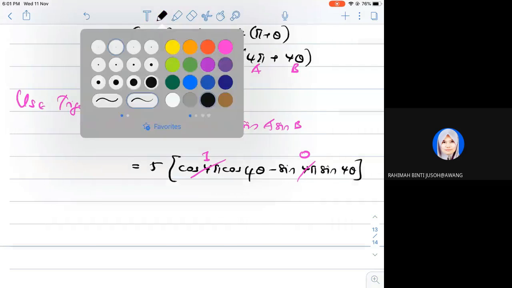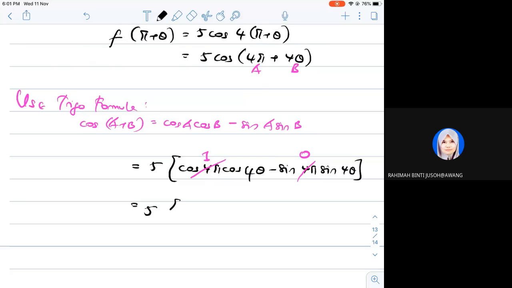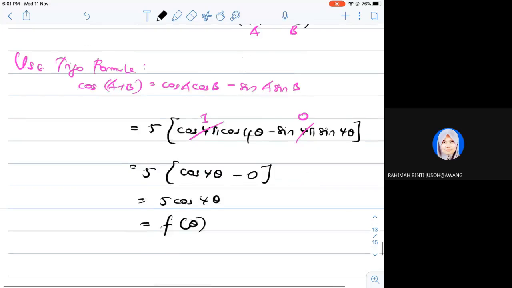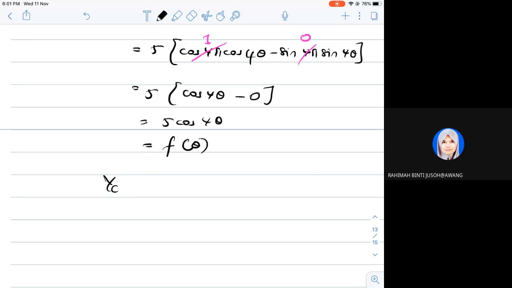So we will have equals 5 multiplied by 1 times cos 4 theta minus 0. So dia jadi 5 cos 4 theta. Yes! This is equivalent to f theta. Dapat balik yang atas, kan? So yes, symmetry about the pole.